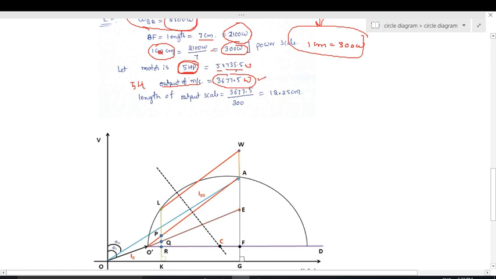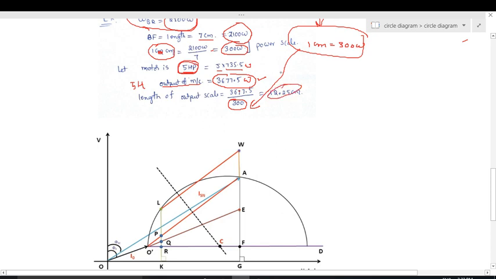From this we should find the power scale. We cannot show watts directly on the scale, so I divided with 300 so that we get the distance of the output.